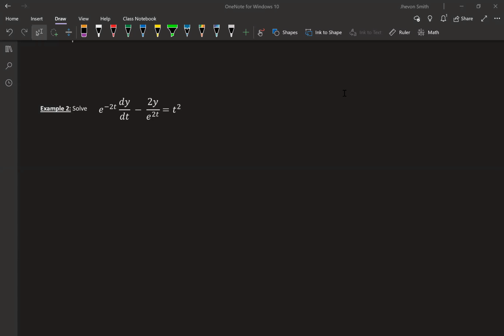And what would that allow us to do? So if I divide by e to the minus 2, then factor it. So we have dy dt minus e to the 2t times e to the minus 2t y equals e to the 2t times t squared. And how would you separate the variables here?